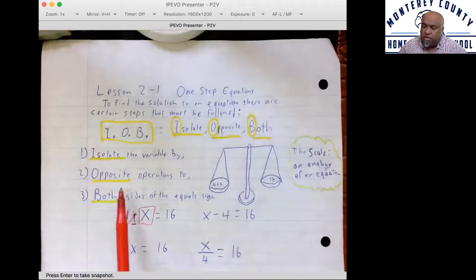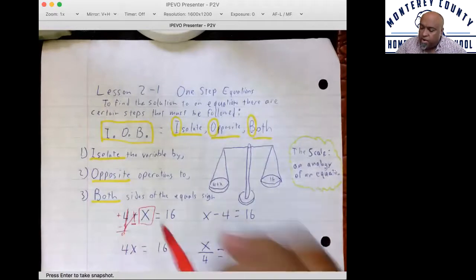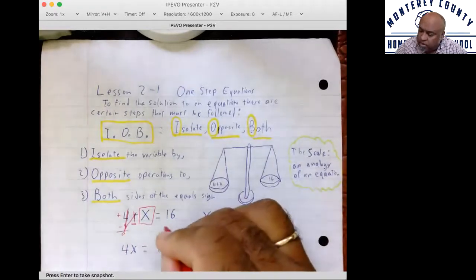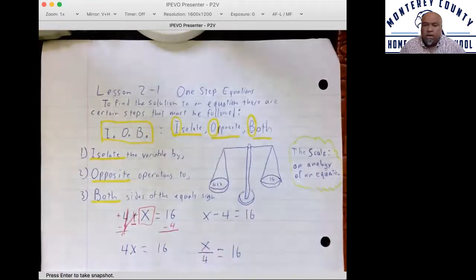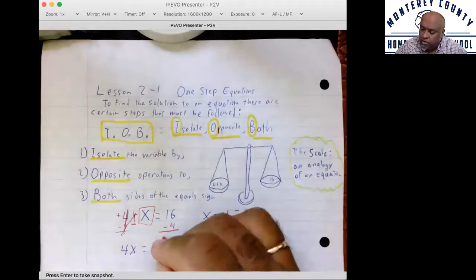Now, I must do the opposite operation to both sides of the equal sign. So for example, I subtracted 4 from the left side of my equal sign. I must subtract 4 from the right side of my equal sign. So now I have 16 minus 4, which is 12.